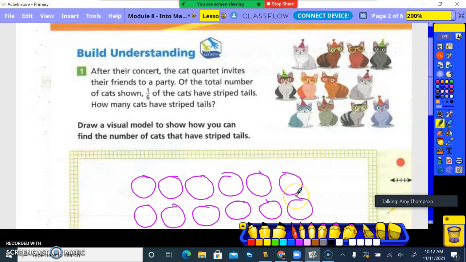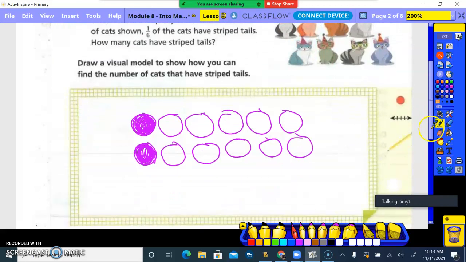And then it says of those 6, how many do we color? 1, right? So we're going to color in 1. But then I also have another row of 6, so I color in 1 of it too, right? Because really 1/6 is equivalent to what? 2/12? Is that correct? Okay.